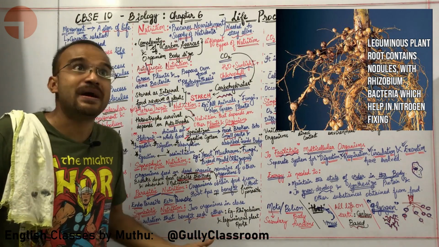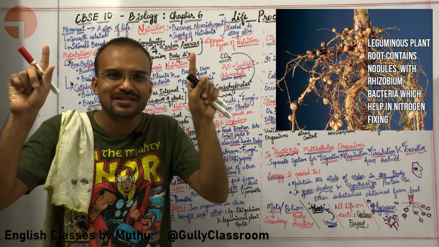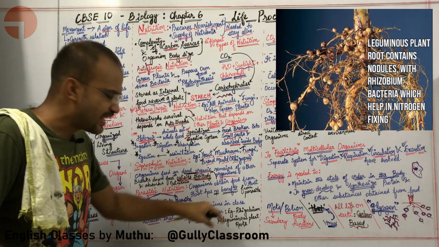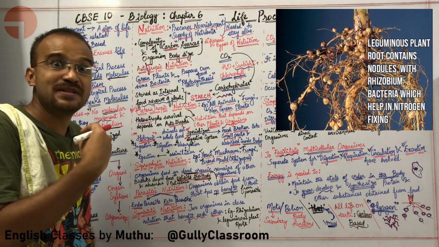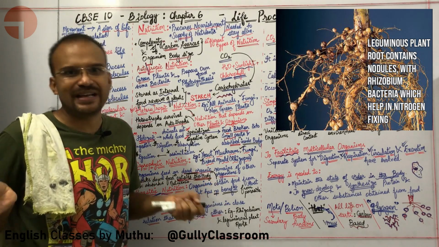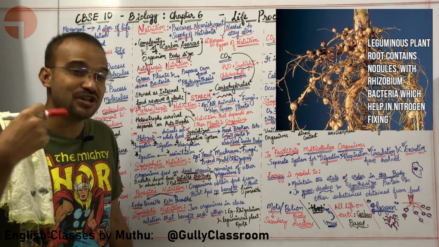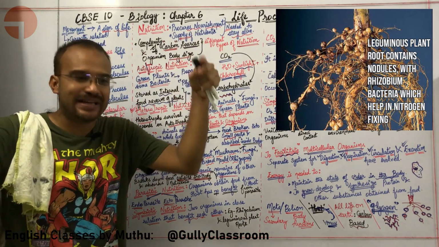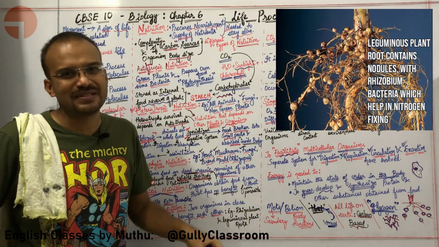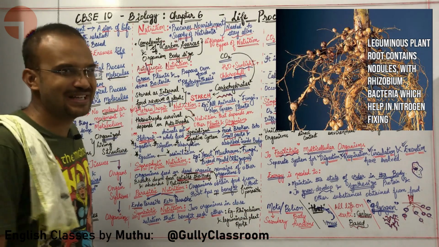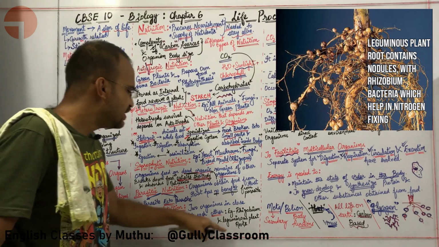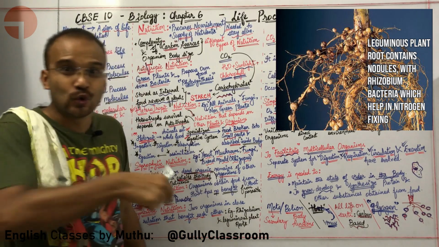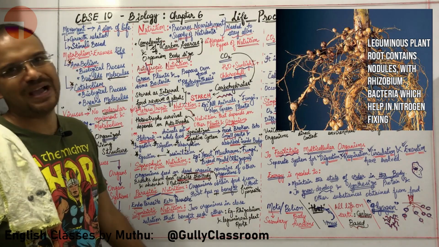So, the Rhizobium bacteria helps the plants get their nitrates. Nitrates are essential for the healthy living of the plants. The Rhizobium bacteria converts nitrogen to nitrates and helps the plant get its fair share of nitrates. The leguminous plants provide a living place in the root nodules for Rhizobium bacteria.